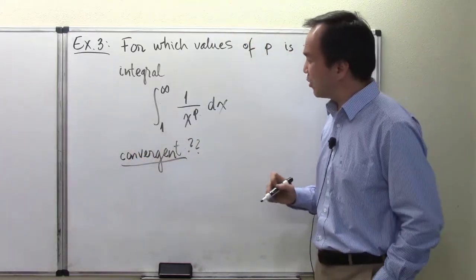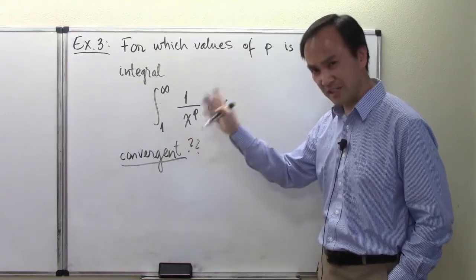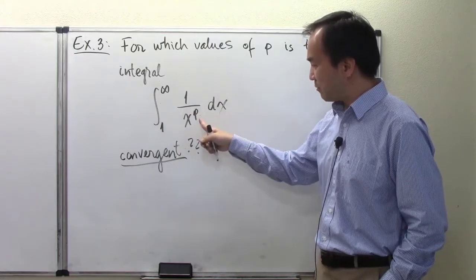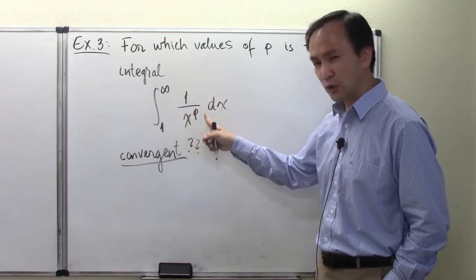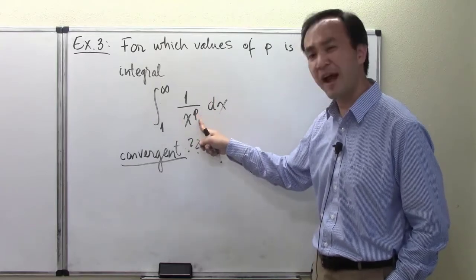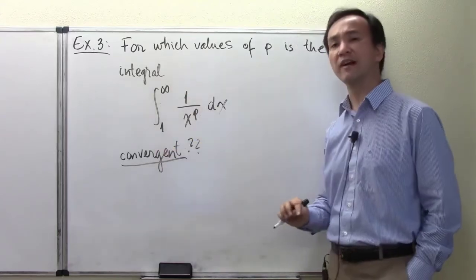The x here is the variable of the integral, but the function in the integral also depends a little bit on the parameter p given right here. Right now I see that as a power, the power of the x in the denominator.